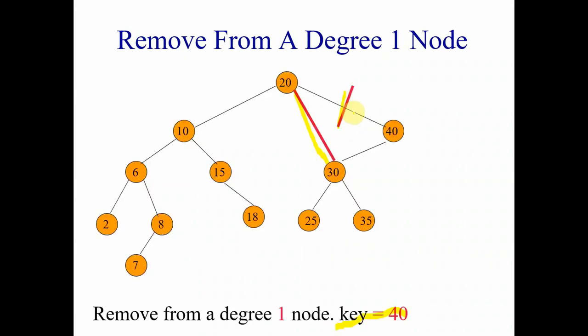So just break it and we connect this 20 to 30. So the required tree structure for BST can be retained.